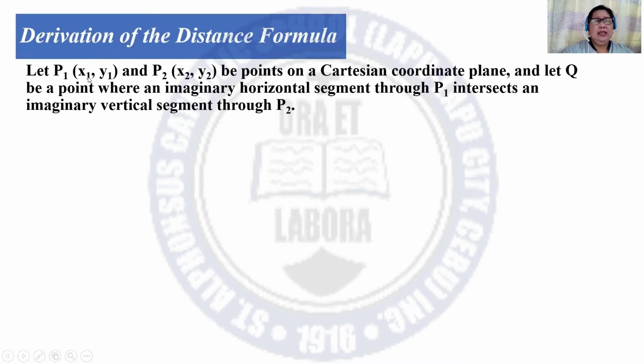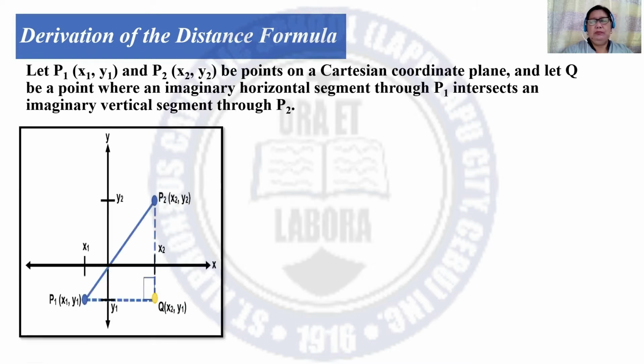For the derivation of the distance formula, let P sub 1 with coordinates x sub 1 and y sub 1 and P sub 2 with coordinates x sub 2 and y sub 2 be points on a Cartesian coordinate plane, and let Q be the point where an imaginary horizontal segment through P sub 1 intersects an imaginary vertical segment through P sub 2.